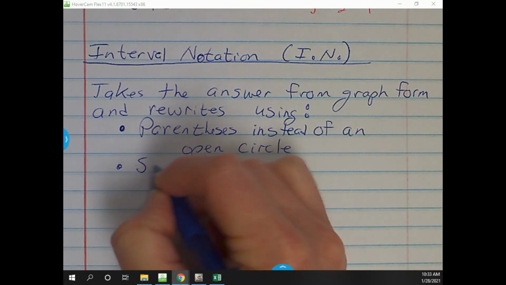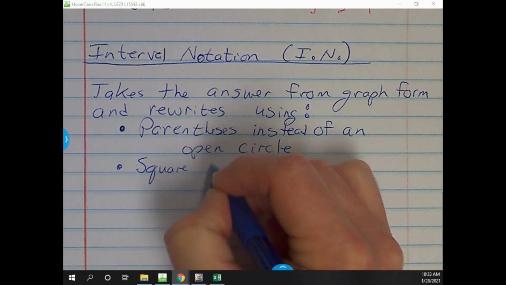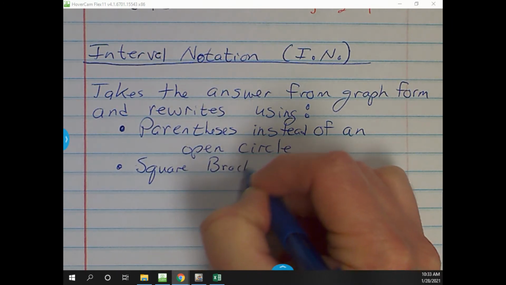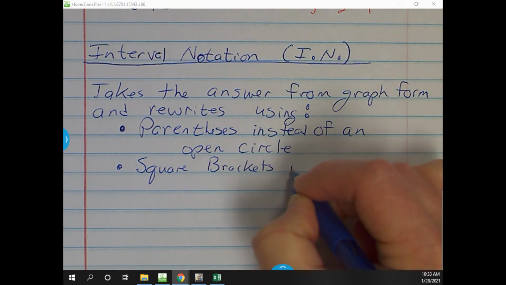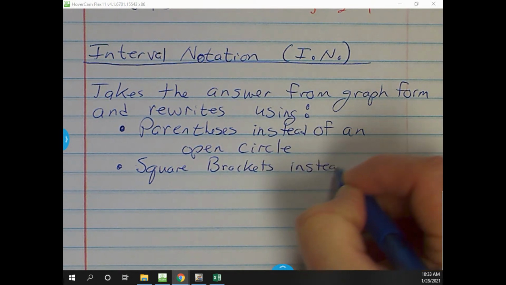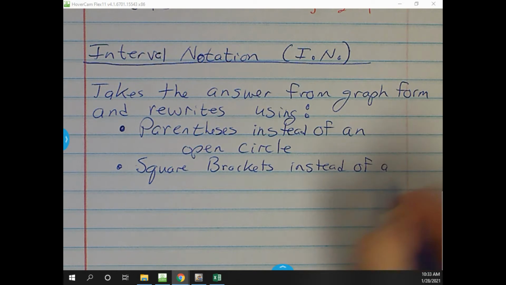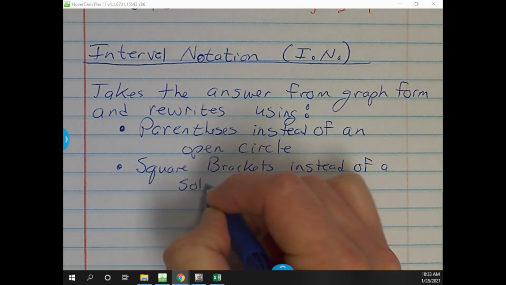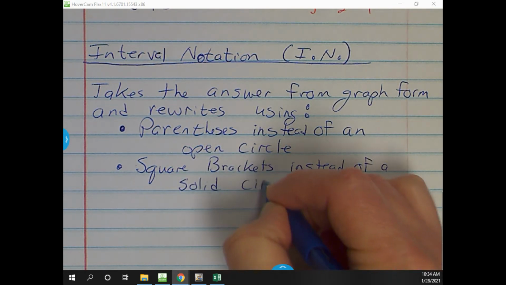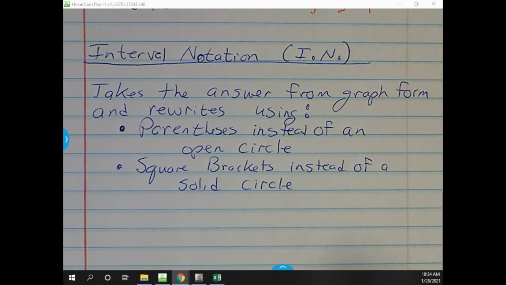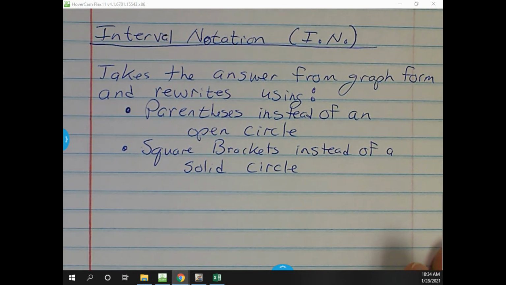We're going to use square brackets instead of a solid circle. Okay, and really those are the two main things that we have to do.